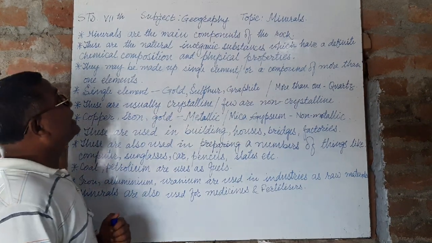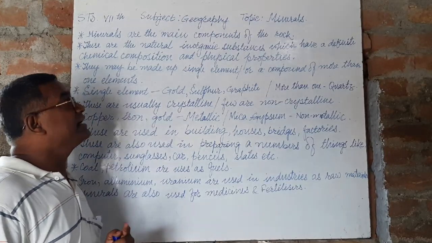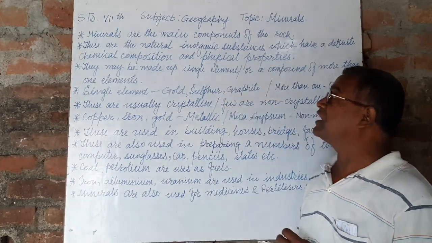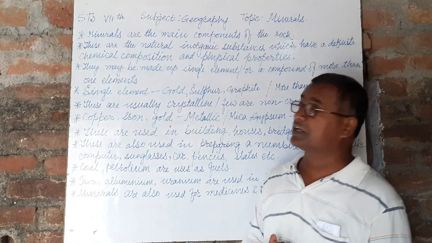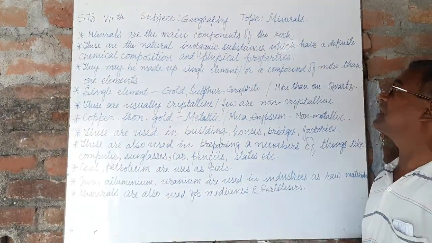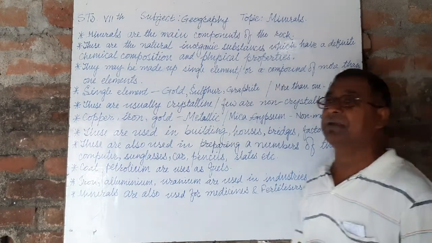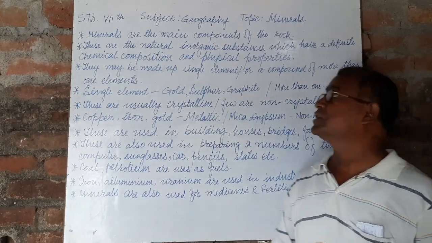So minerals are natural inorganic substances. Inorganic substances means अजैव पदार्थ and natural means प्राकृतिक. So these are inorganic substances which have a definite chemical composition and physical properties also.